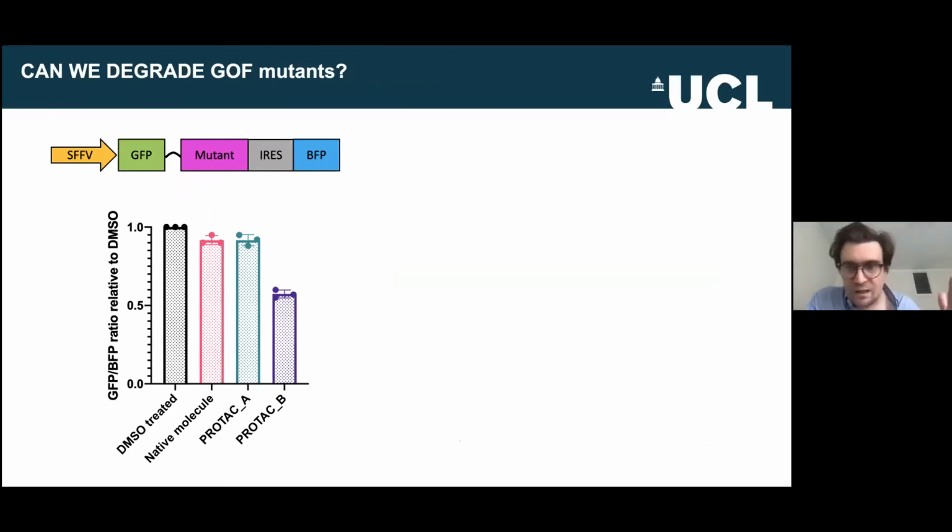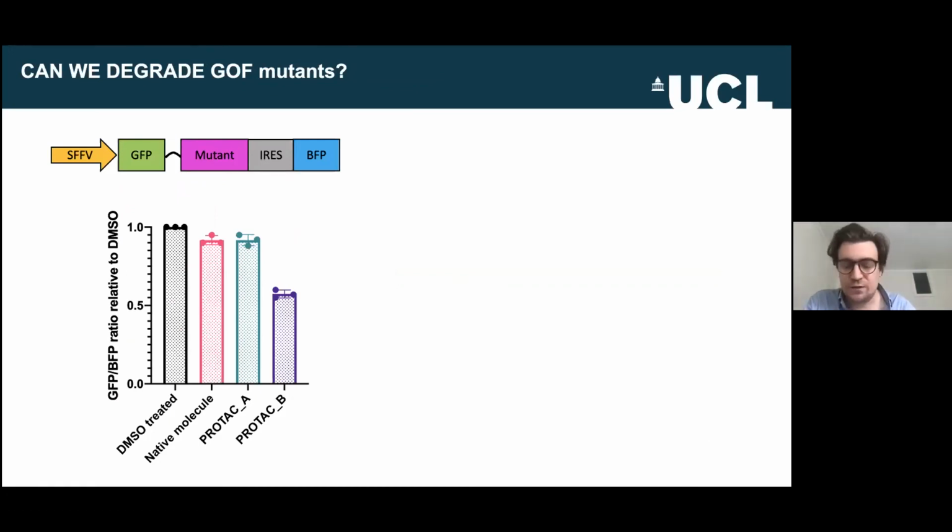We've generated some PROTACs against gain-of-function mutations. Now, these are the first iteration of the molecules, so the degradation is modest. I accept that. Although this is a vastly overexpressed system, it's difficult to know how the drug would cope with endogenous levels.